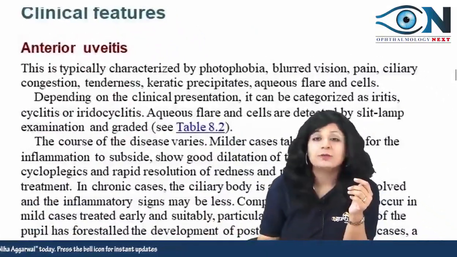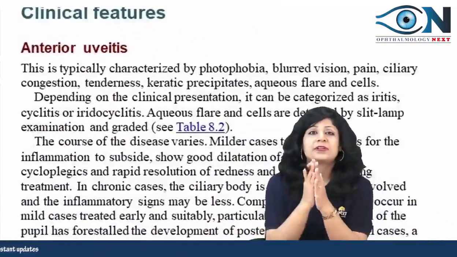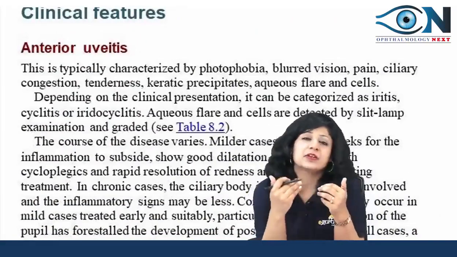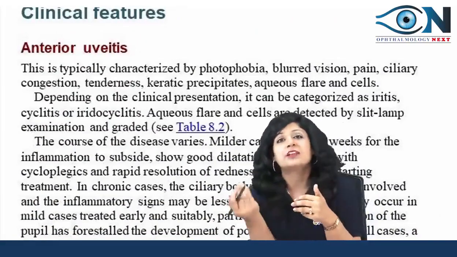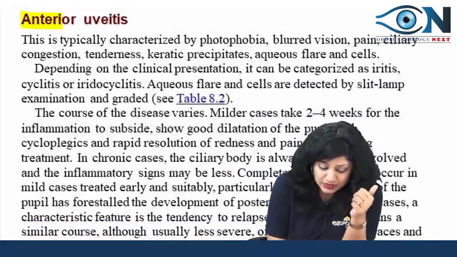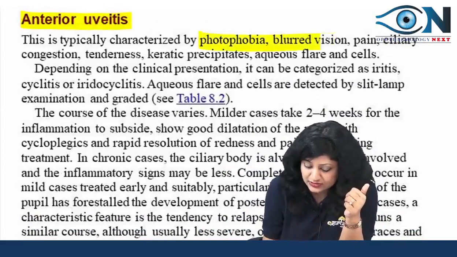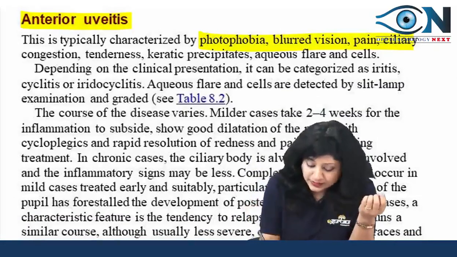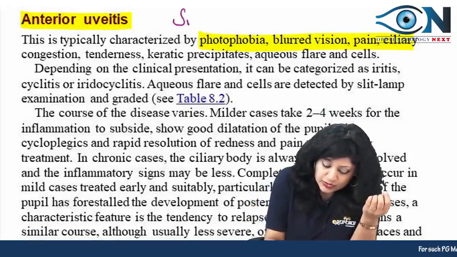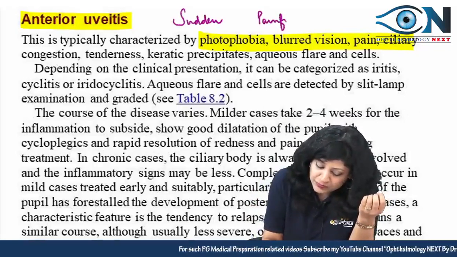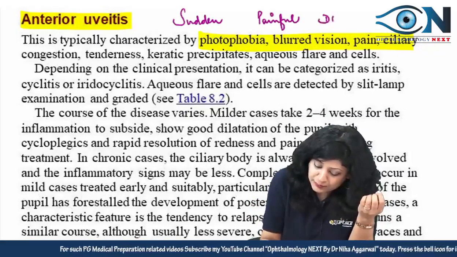If I talk about the clinical features, the presentation is very, very different when I talk about anterior uveitis, intermediate uveitis, and posterior uveitis. So first let us start with the anterior uveitis, which is typically an acute condition. This kind of patient usually comes with a sudden painful diminution of vision.